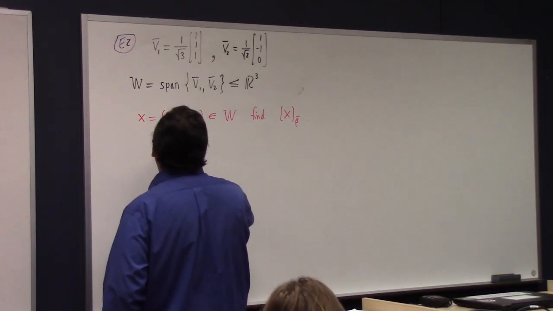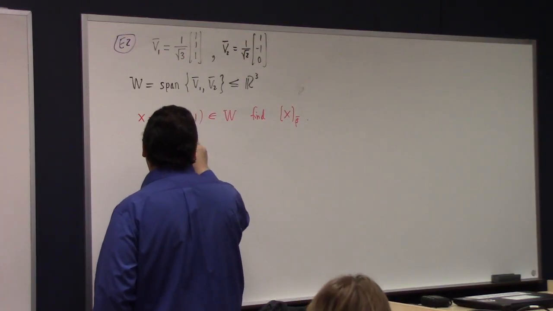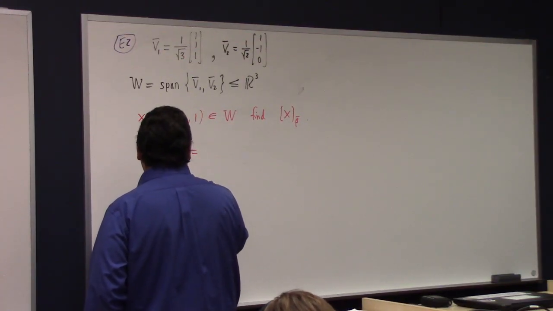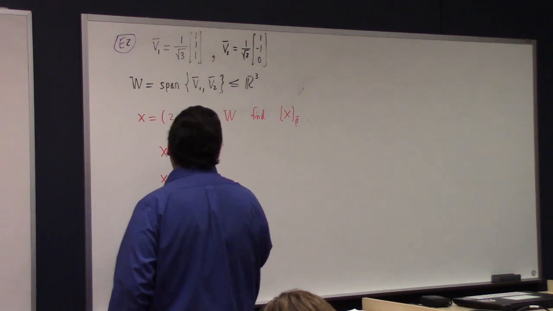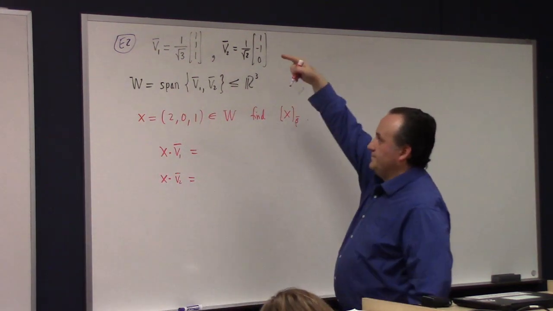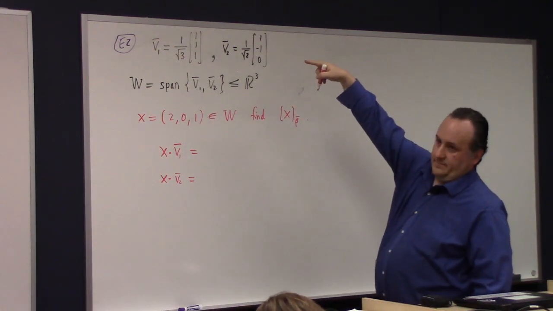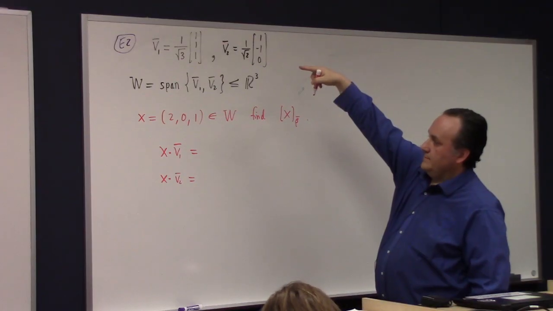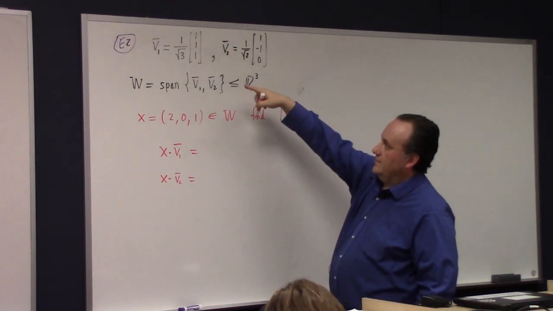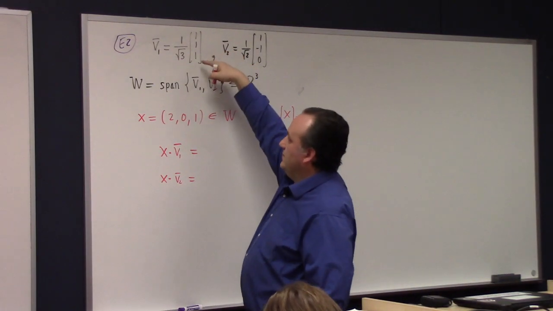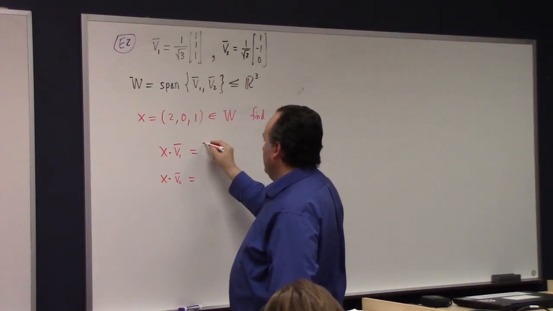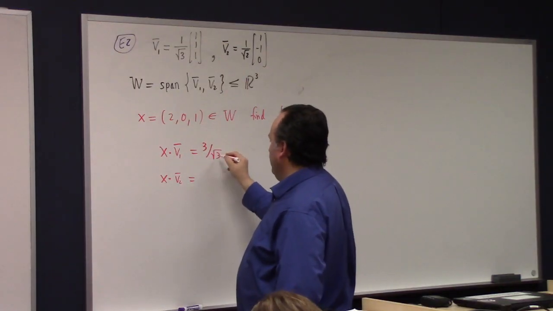Well, easy peasy. We just do x dot v1, and we do x dot v2 bar, rather. What are those? I get 3 over root 3, right?